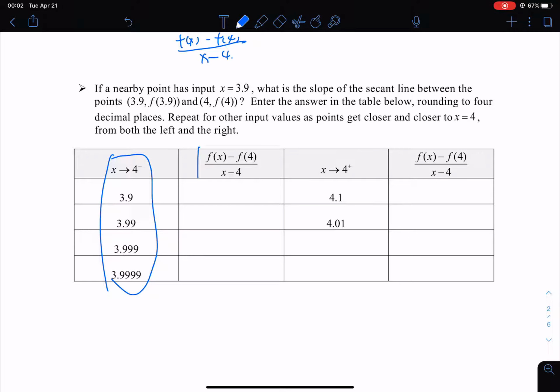The corresponding column is the slope of the secant line. Just remember, because we don't have the limit here, this column means the slope of the secant line between different points. The first one means between 3.9 and the point 4. So we have to plug in x equals 3.9 here, and the answer is, let's finish this one.